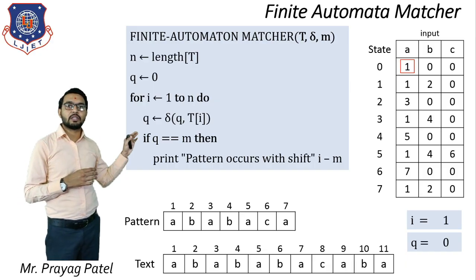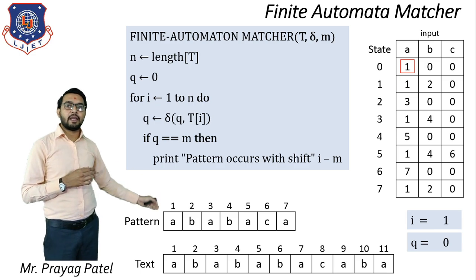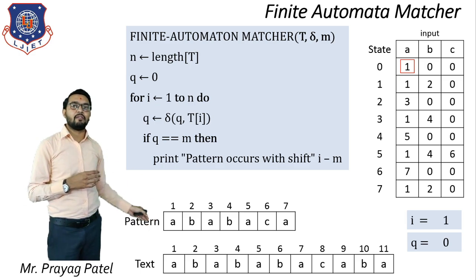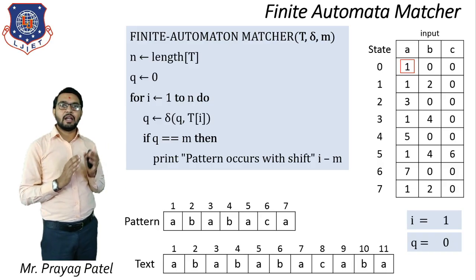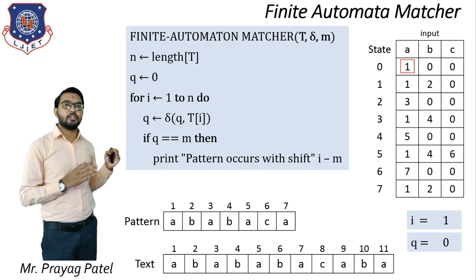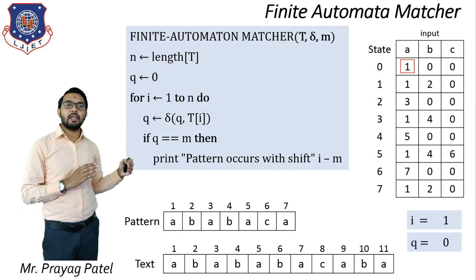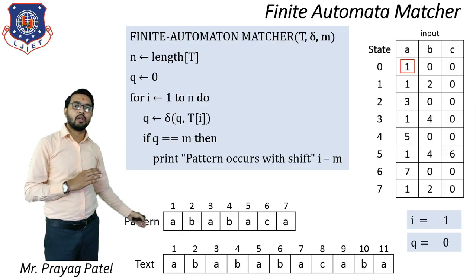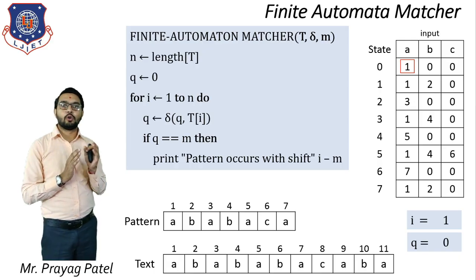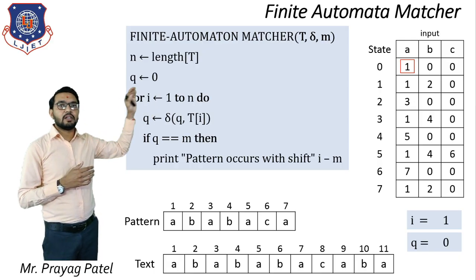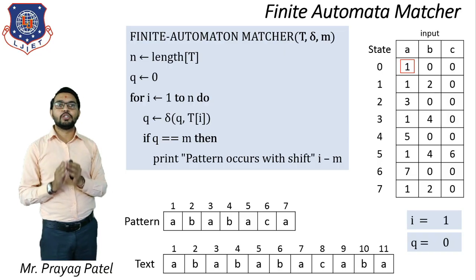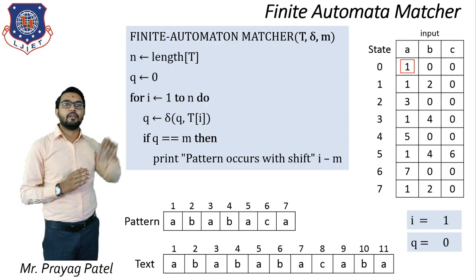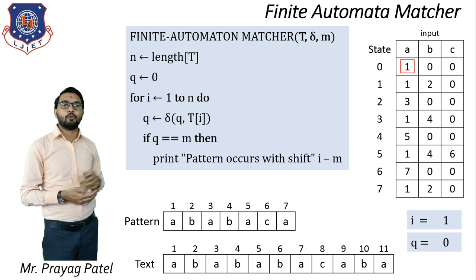So here T of I initially means T1. In the text, the first location is T1 and its value equals A. So here consider Q as 0, so consider delta of 0, A, because 0 is Q and T1 equals A. In this table, the location 0, A means A output of node 0, and its value is 1. So change the value of Q. So here the value of Q is now 1.